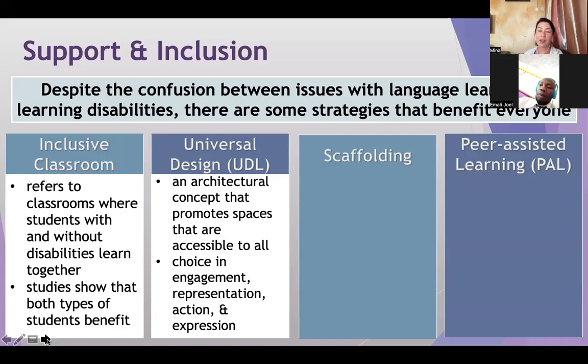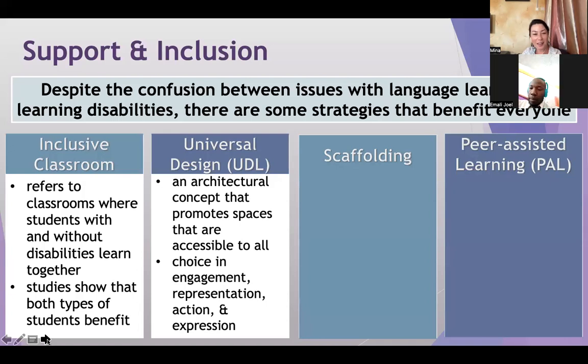And this reminded me a lot of what we were talking about a couple weeks ago when we were talking about mixed ability and level, where we allow students to kind of choose their level or choose the way they want to engage, choosing the way they want to take in information, choosing what kinds of activities they want to do, and choosing how they show their learning. So it's something that benefits students who have learning disabilities, but it also benefits other students. As we know, students are individuals and have different needs.